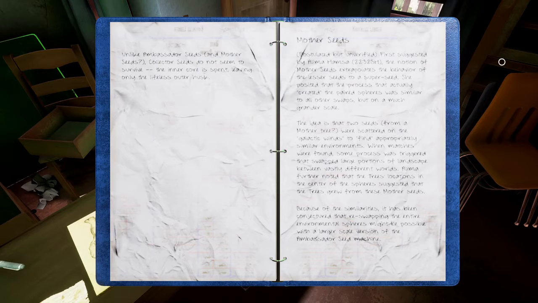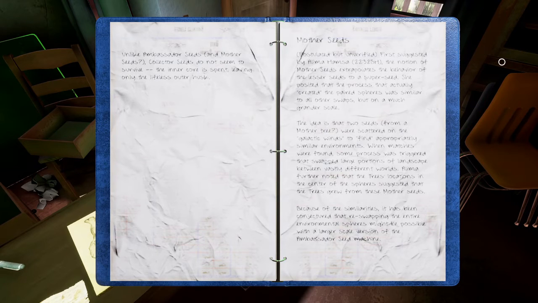The idea is that two seeds from a mother tree were scattered on the galactic winds to find appropriately similar environments. When matches were found, some process was triggered that swapped larger portions of landscape between vastly different worlds. Alima further noted that the tree's location in the center of the sphere suggested that the trees grew from these mother seeds.